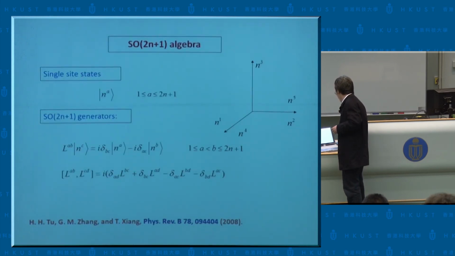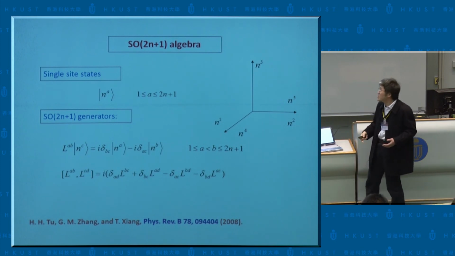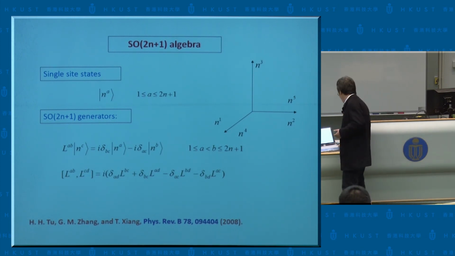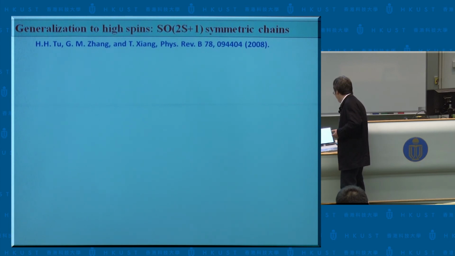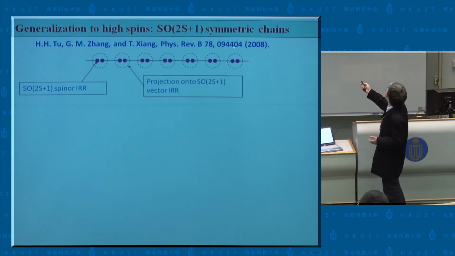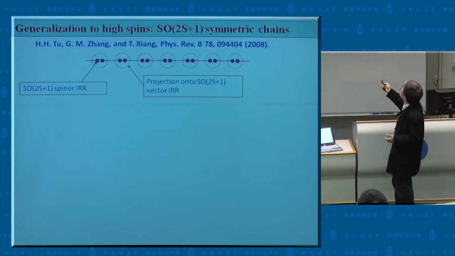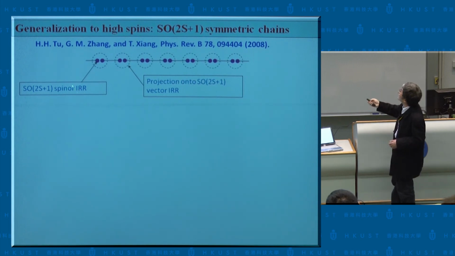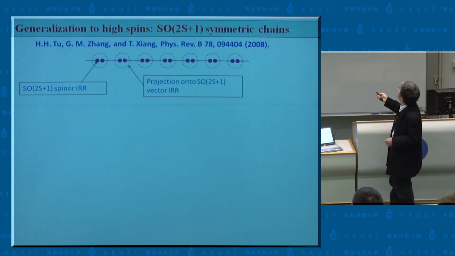We can continue such generalization to consider higher integer spin. We start from the SO(2S+1) symmetric spin S chain. For this SO(2S+1) symmetry group, we have a spinor representation as a projective representation, and we also have a vector representation.